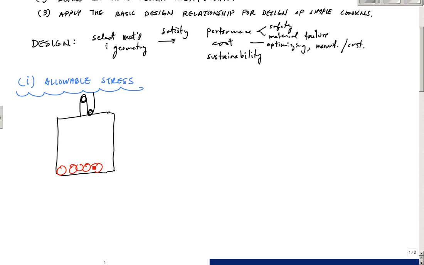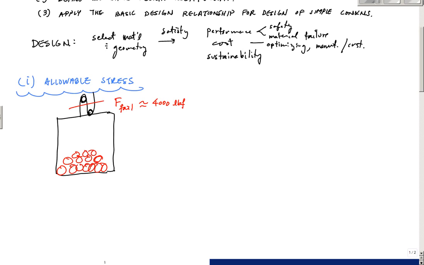And what I notice is that my elevator fails when I load it. So the cables here fail. So I'll put F fail. They fail at around a load of about 4,000 pounds. So when I test what I designed with the material that I've used, maybe some steel cable and all these connections right here, I notice it fails at about 4,000 pounds.